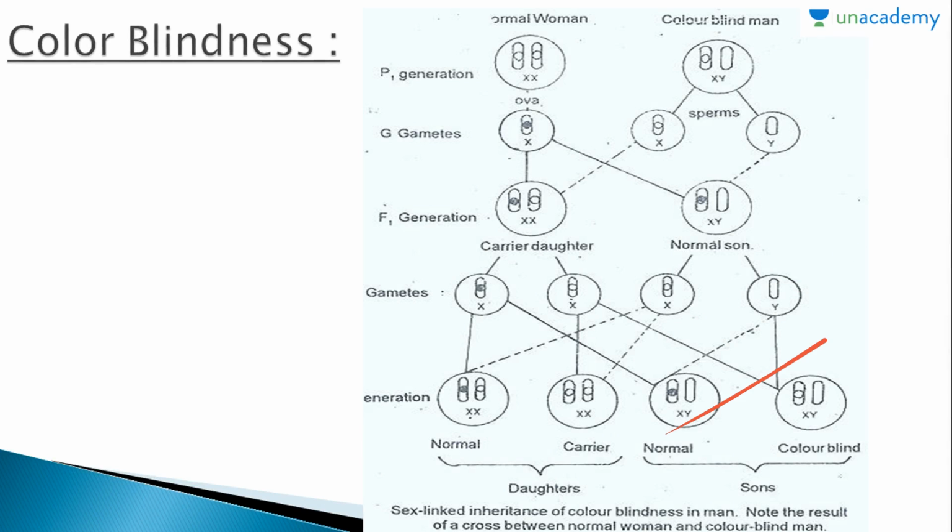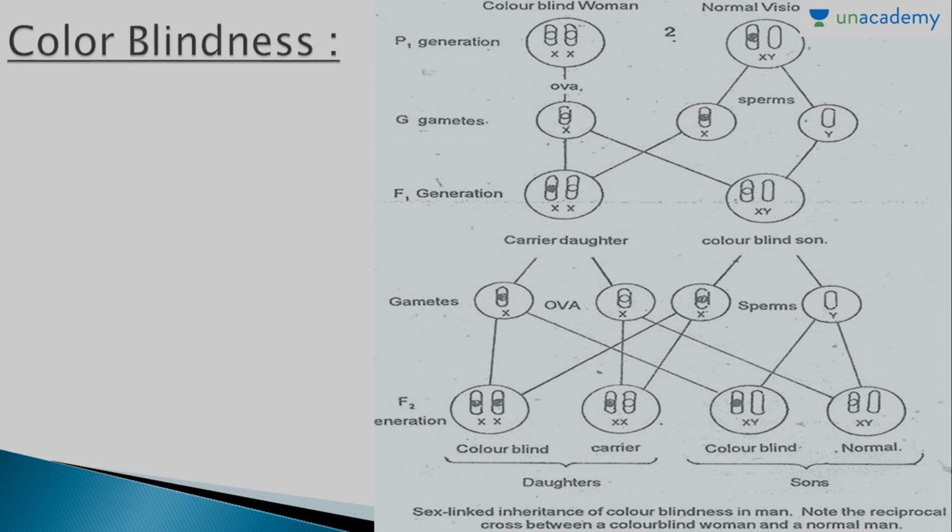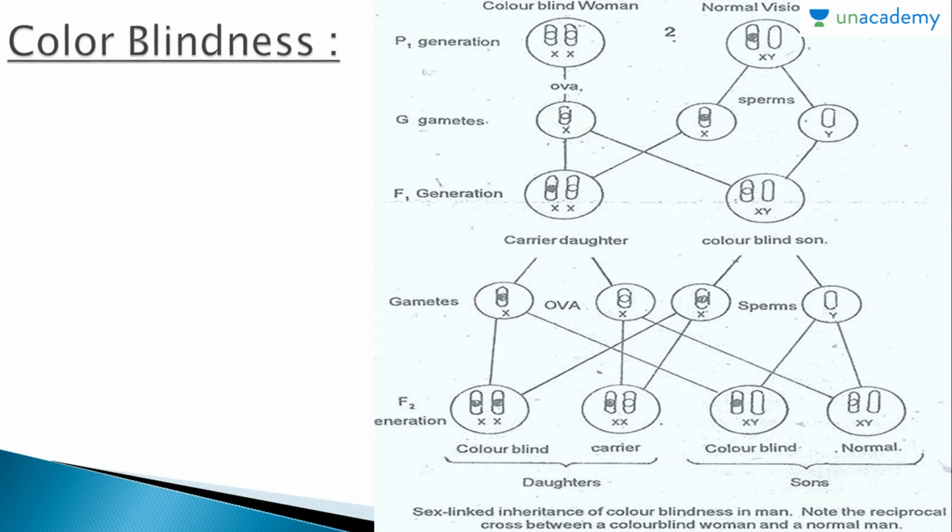Moving forward, when a color blind woman is married to a normal vision man, in the P generation we have X ova, and in a similar way we have sperm X and Y type. When these are crossed to each other, we have XX carrier daughters and XY color blind sons.